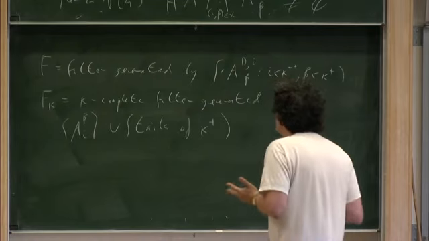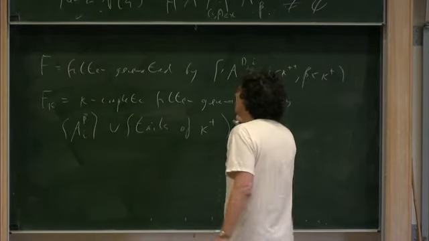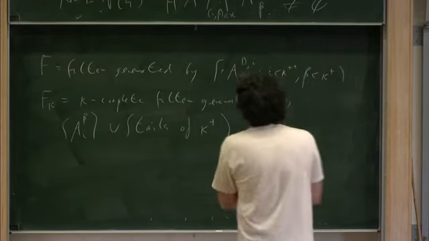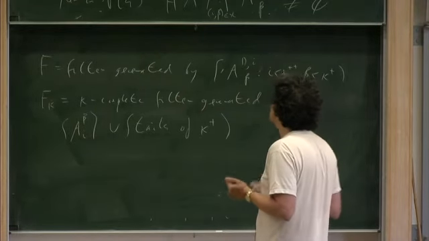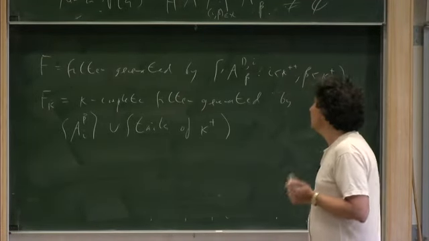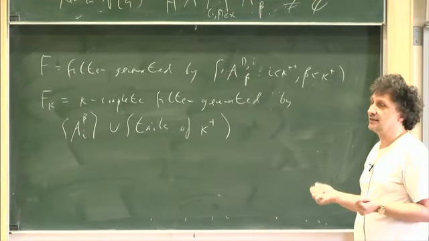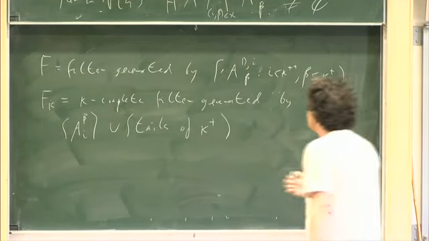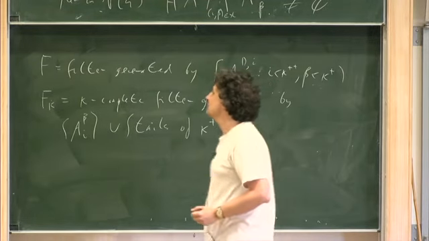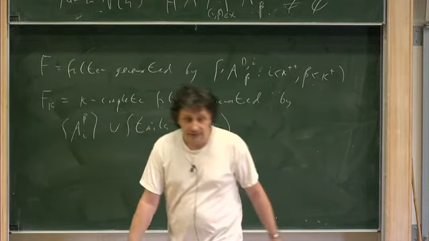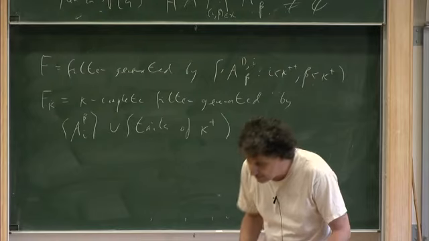However, the technical point is F kappa is kappa complete. That's good news. The positive sets in F kappa are unbounded because I explicitly threw tails of kappa plus into the filter F kappa. So that's part of the point.